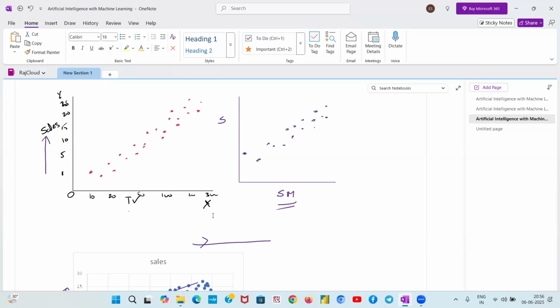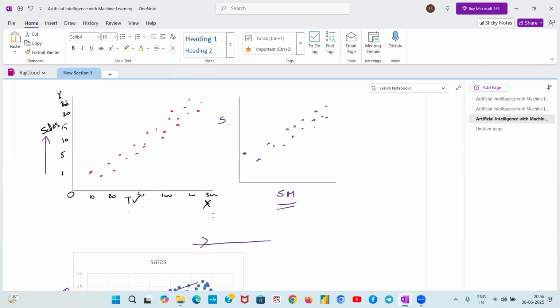So what is the company's intention here? They want to know which investment is giving them the proper sales. That is the business problem, looking for a solution. So what is our job?